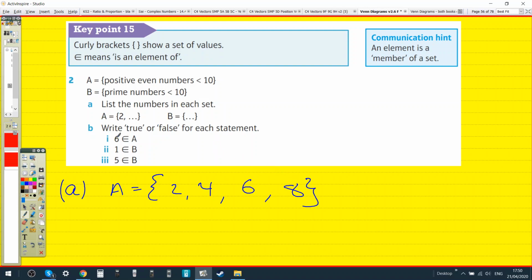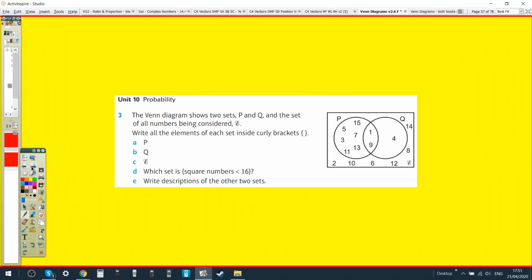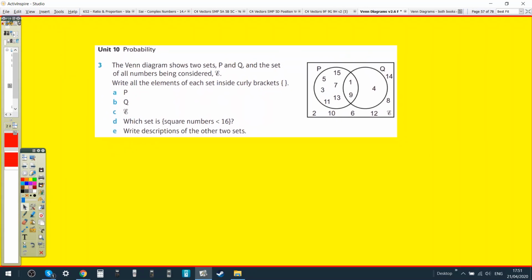So then question B part 1. It's true. Yeah, so 6 is an element of A, because it's right there. That's it. Okay.